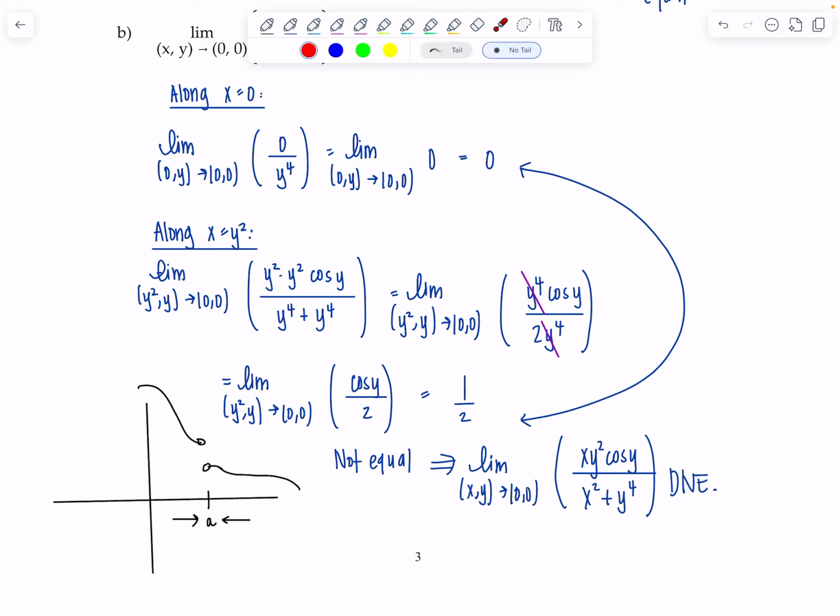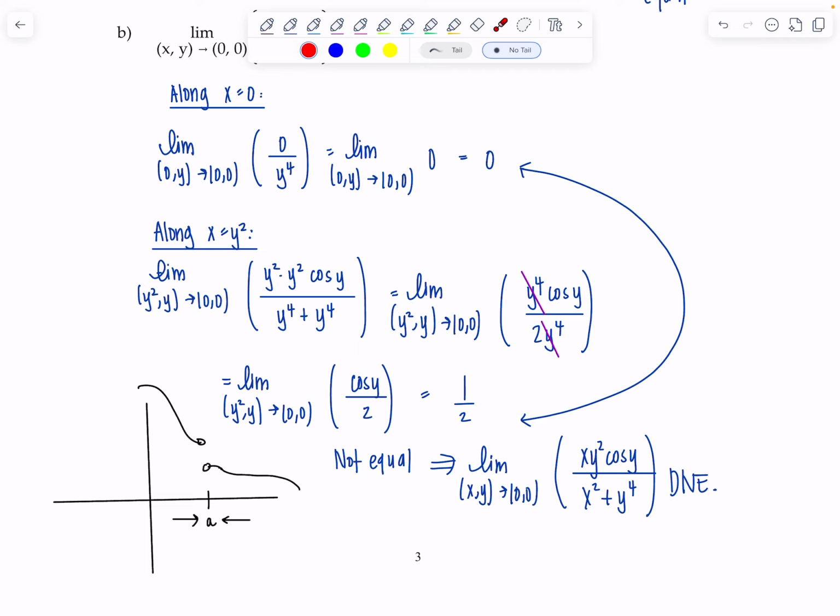When we are in 3-space or higher, there's infinitely many paths on which you can approach a point. Here's just 2 of them. I already got that they weren't the same. But if they were, there's infinitely many more. I will not be able to live long enough to test all of them.